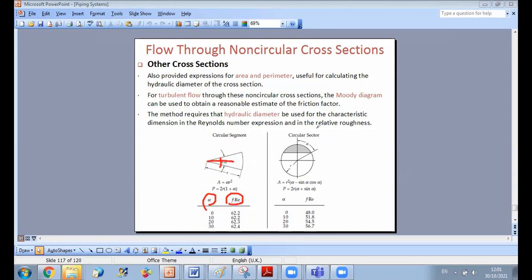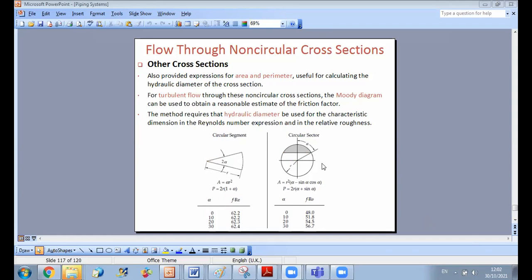And for a circular sector, I need to know the half angle of the sector. This sector is limited by these two lines, so I take half of the larger angle, which is this one. So these are simple: with the table I can directly determine the product f times Reynolds in the laminar case.